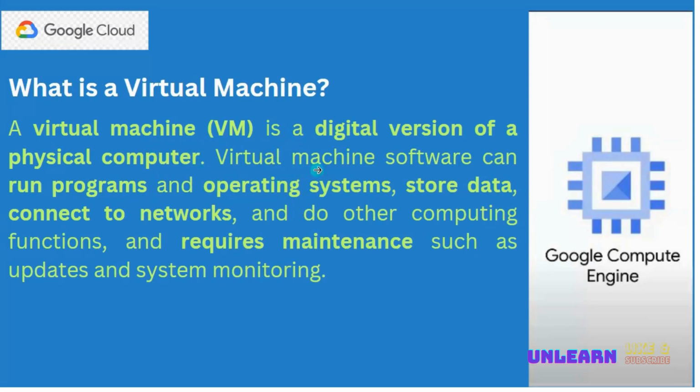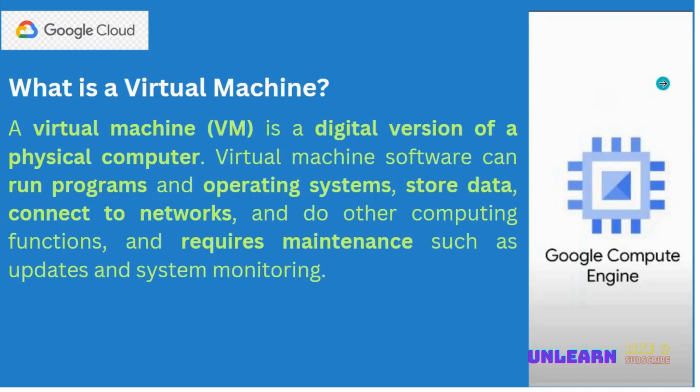A virtual machine can run programs and even operating systems, it stores data, and it even connects to networks. Very important. Finally, it requires some maintenance such as updating the software and system monitoring. Having known all of them, let's get started with the first step, creating the Google Compute Engine.